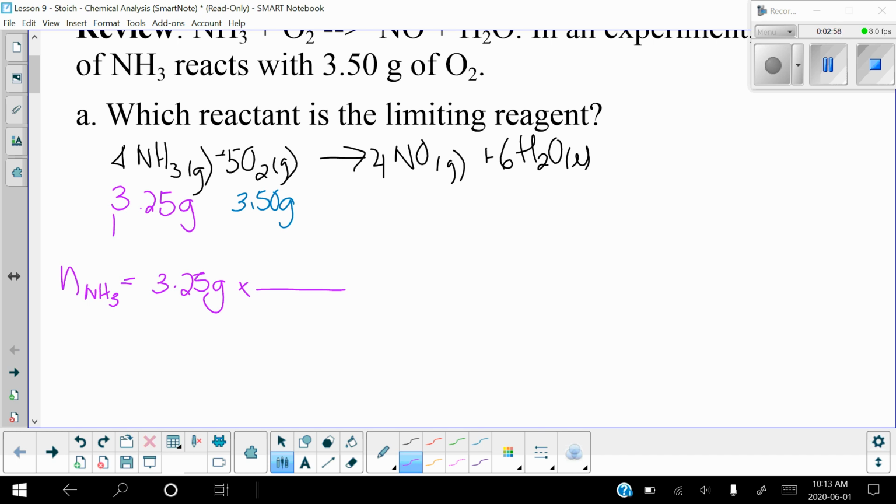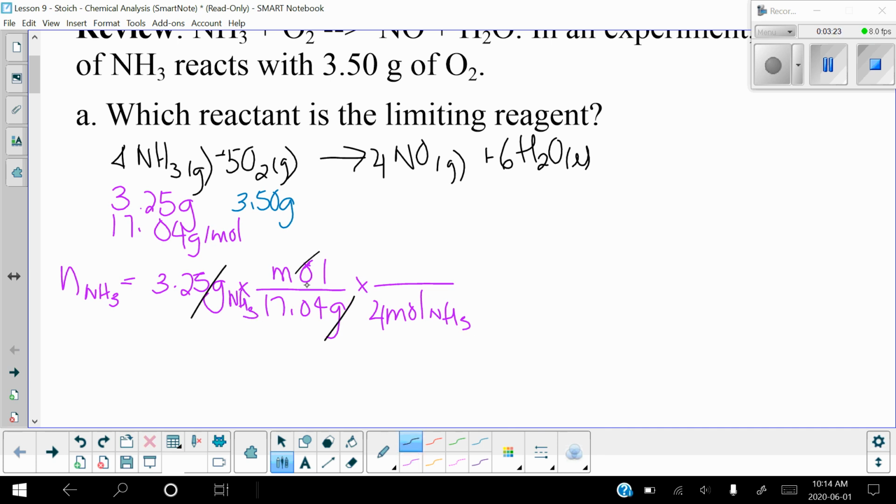The molar mass of ammonia is 17.04 grams per mole. So I am going to divide by 17.04 grams per mole, and then you need to divide by its coefficient, so by 4 moles of ammonia.